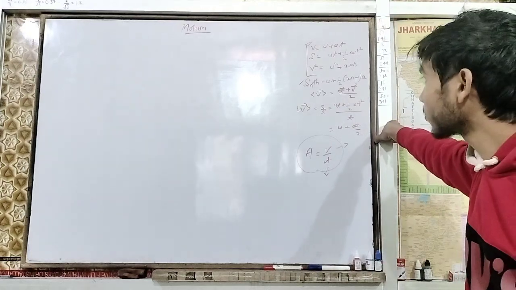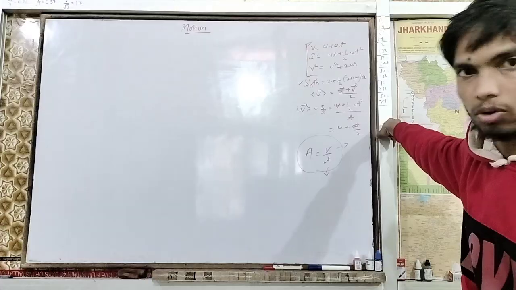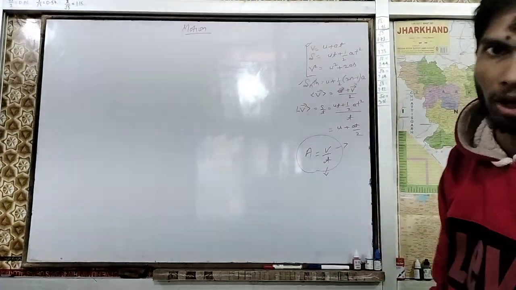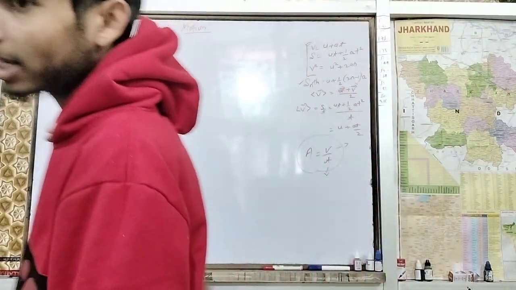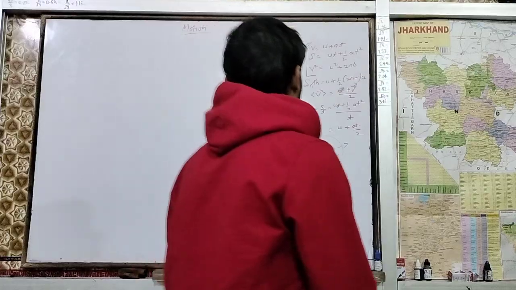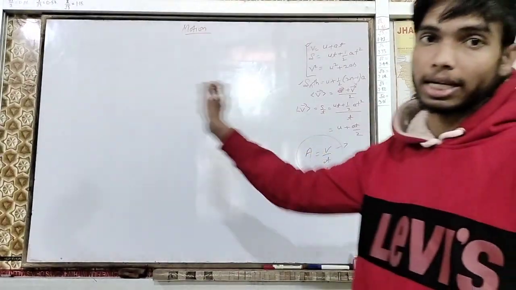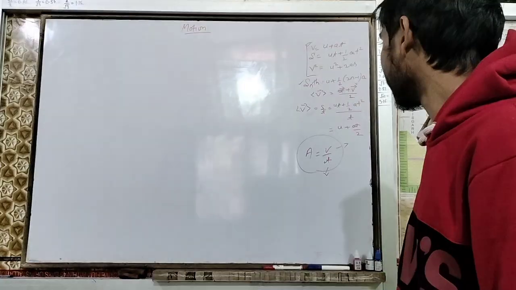Okay, so this equality sign will be used for average. And the arrow, you are familiar with, is just a vector which gives you direction and magnitude. All this formula I am going to apply in our question.